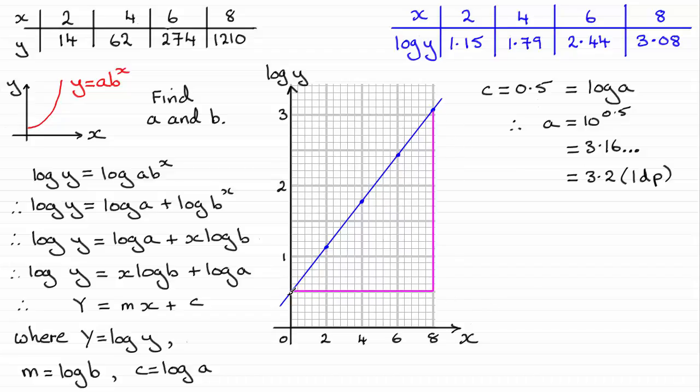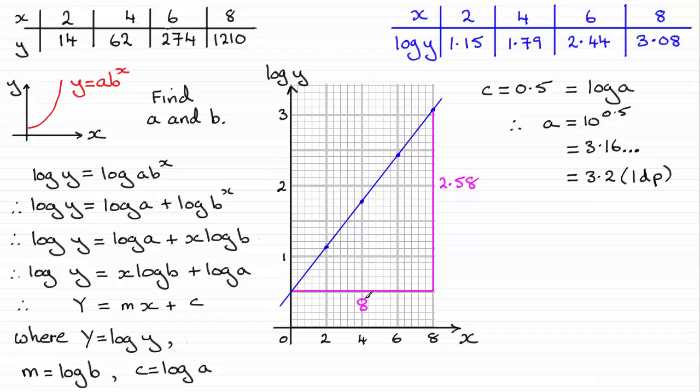Now from this triangle I can see that I've gone 8 units in the x direction and I've got a rise in the y direction of a total of 2.58 units, and I could mark those on like so and calculate the gradient as 2.58 divided by 8.